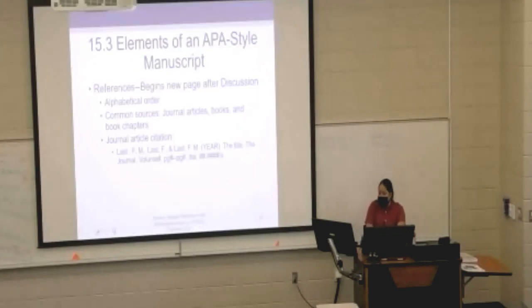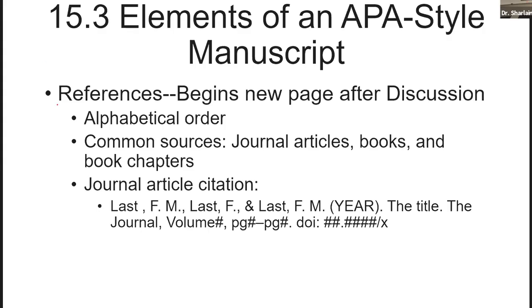Now, one of the last things that I like to talk about is your references. The references are basically every single aspect that you presented in your paper that is not your own. This is not your original idea. They are presented on a brand new page in alphabetical order.